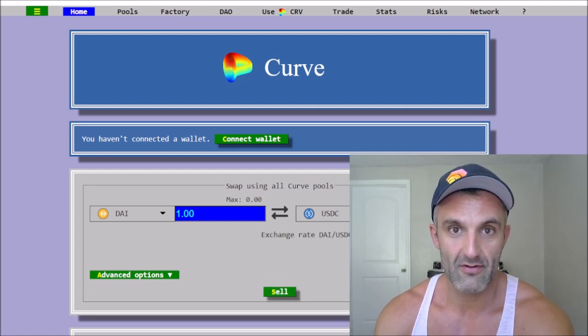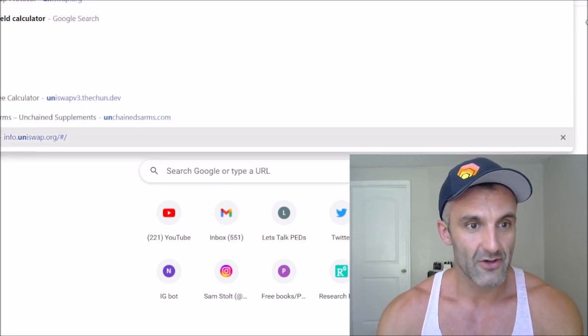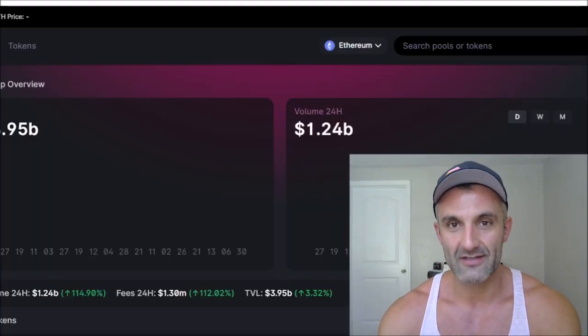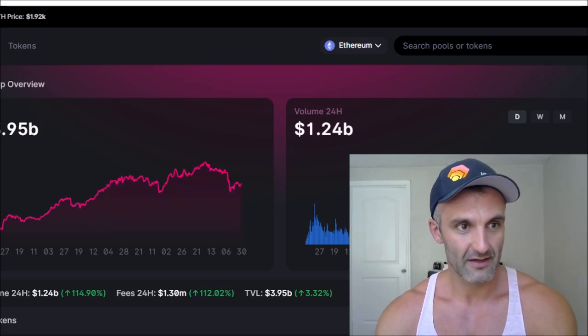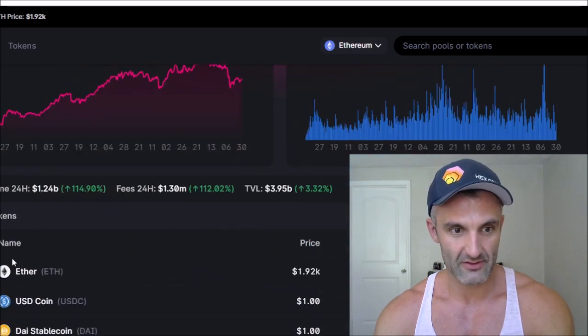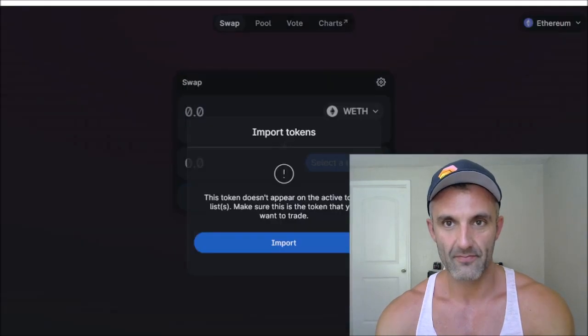This is not good. For example, let's just pull up Uniswap real quick here, so you get to see what the Uniswap DApp looks like to actually get into. Excuse me. See what a much better user interface looks like. Let's go to Ether, and let's go to trade.